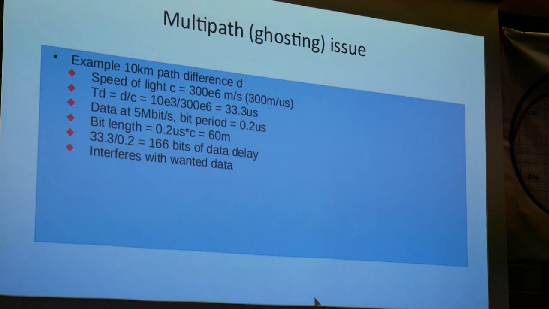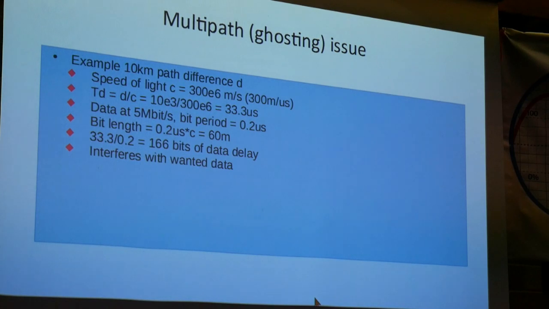So now think about if you're sending relatively high speed data over that channel, say 5 megabits per second, which is typically what you'd be doing with digital TV, that's only got a bit period of 0.2 of a microsecond or 200 nanoseconds. So when you work it out, one of those digital bits, as it's travelling through the air, will occupy a distance of 60 metres.